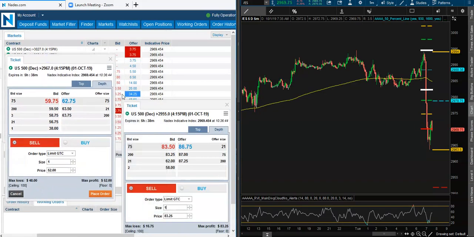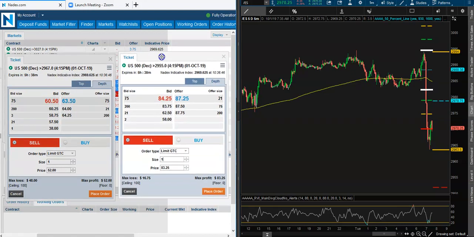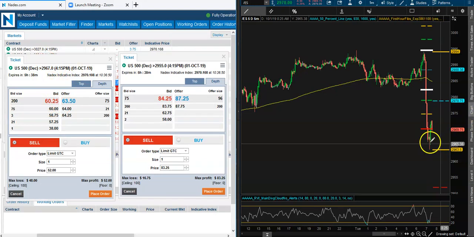And over on the left here, we have the 67, right? And we're currently at 70, and we have the 55. Well, to short Nadex, all you need to do is click on the bid in the cell, okay? And it'll load it down here. And so we'll go 95 there, and we'll go 62 here.